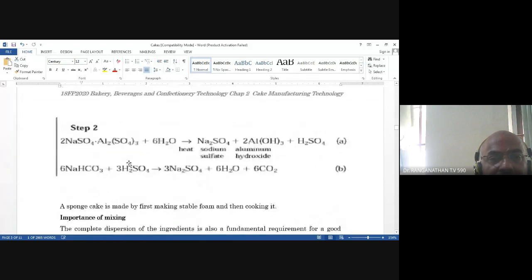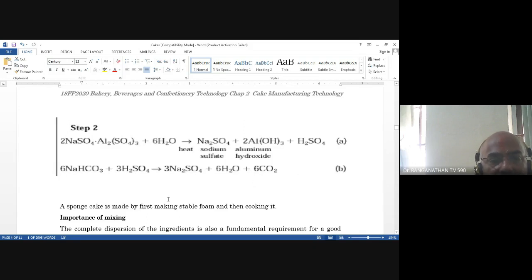Okay. So aluminum sulfate gives sodium sulfate, aluminum hydroxide, and this thing. So sodium bicarbonate reacts with the sulfuric acid formed by conversion of this alum. So this is how carbon dioxide is liberated.